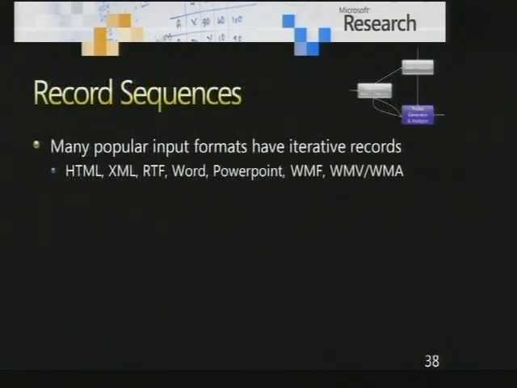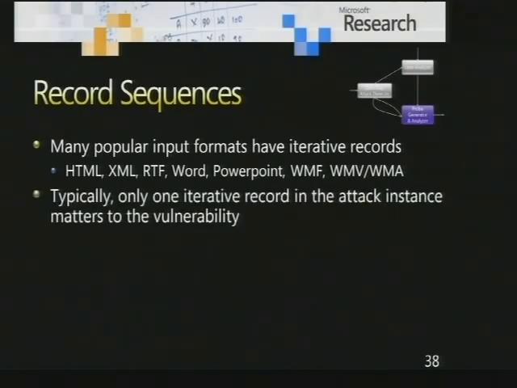Secondly, we handle the record sequences. Many popular input formats have iterative records, like the example I showed earlier, like HTML headers or media files. It's a sequence of frames. The problem is that typically only one iterative record in the attack instance matters to the vulnerability.